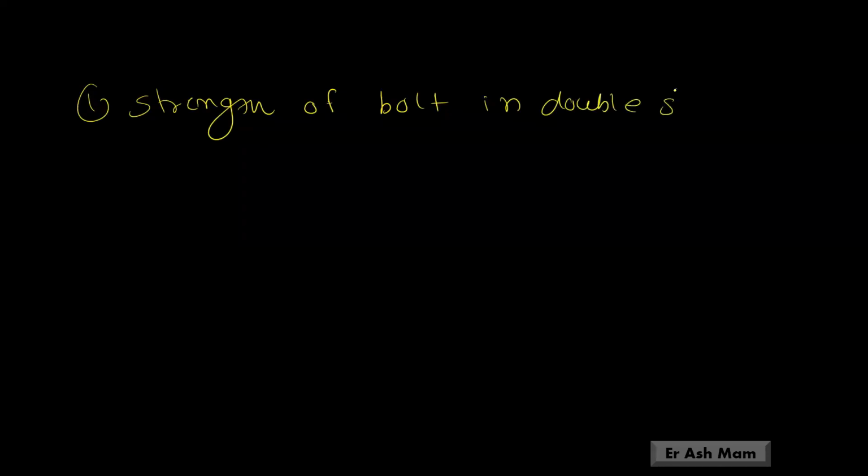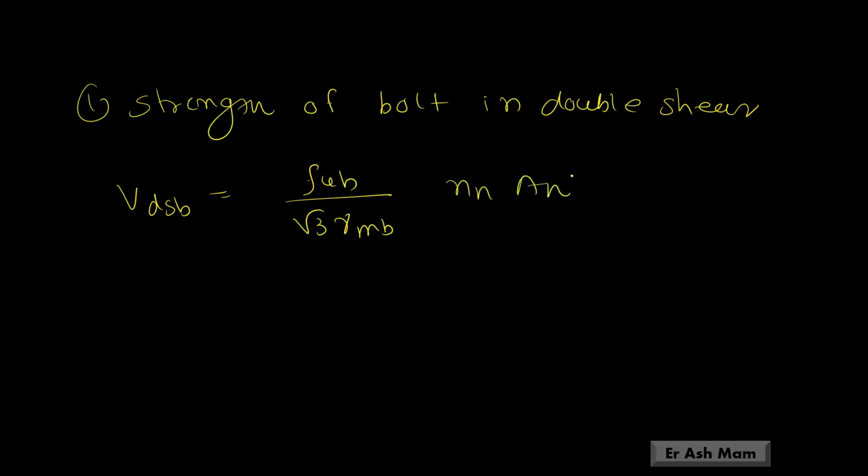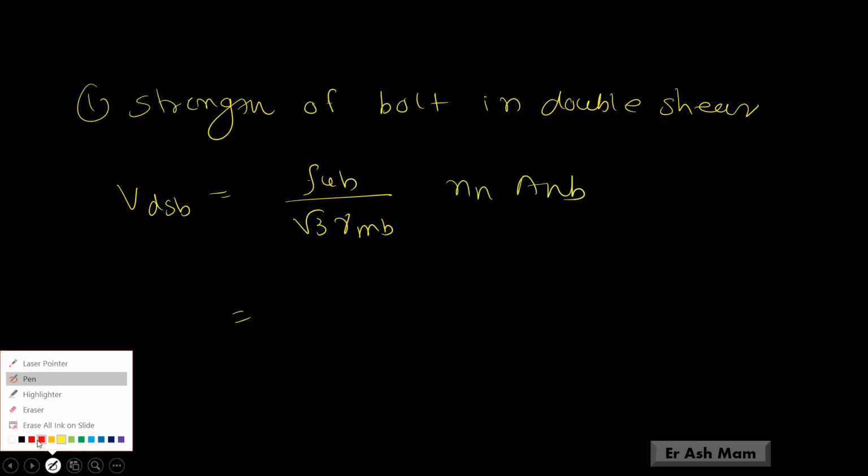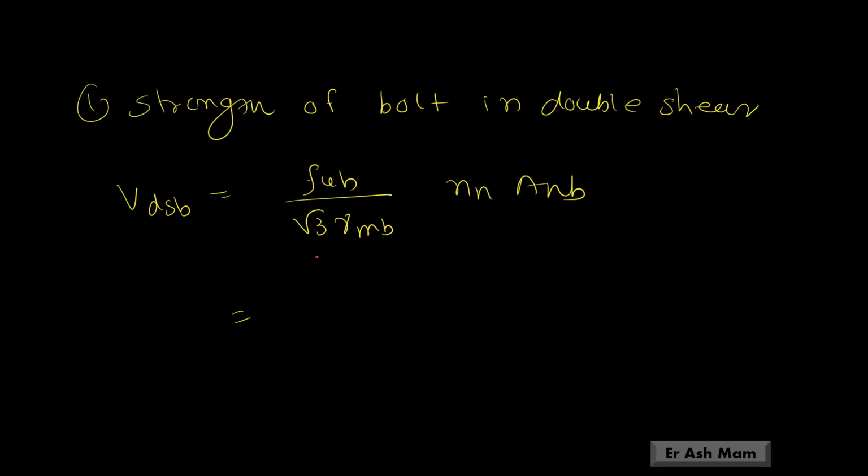Let's find the strength of bolt in double shear. We know that the formula is VdsB equal to fub upon root 3 gamma mb, nn into anb. Here fub, the ultimate strength of bolt, is 400.